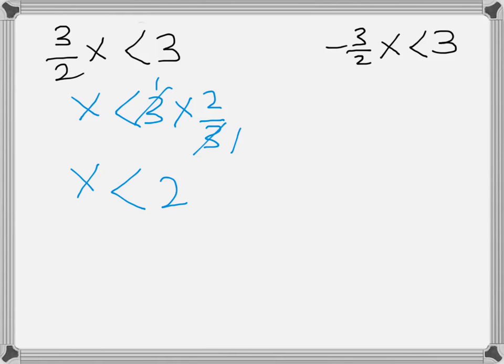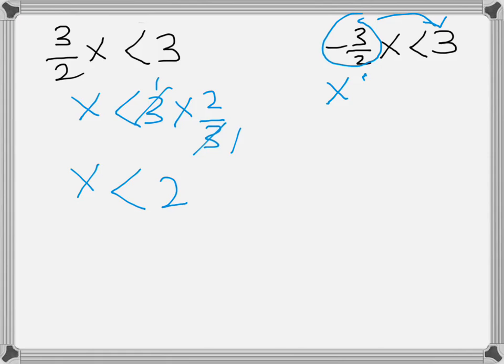So for this one you got negative over here. If you want to make x the subject, you have to make sure you move the whole thing to the other side, because now the relationship of the -3 over 2 with x is multiplication. So you move to the other side it will become divide.